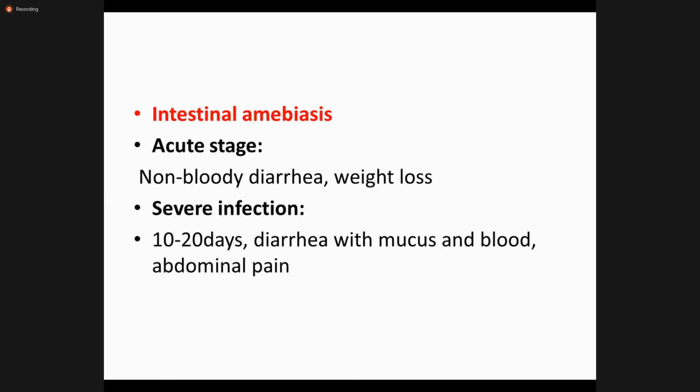So I told you that initially clinically there is non-bloody diarrhea, but in severe cases there is dysentery, that is bloody diarrhea, then discomfort, weakness, and one thing is very important, that it produces granulomatous-like lesions, called ameboma, in those infected with Entamoeba histolytica, though not in all patients.